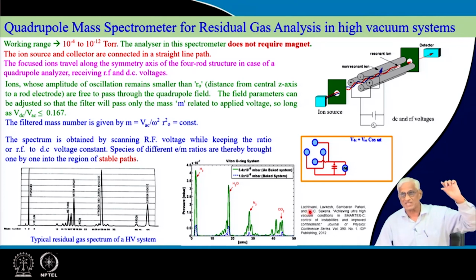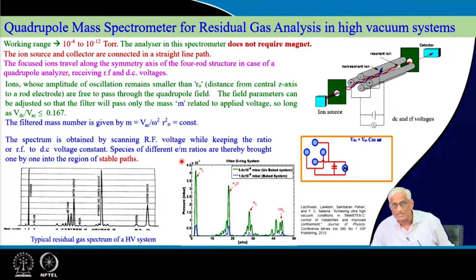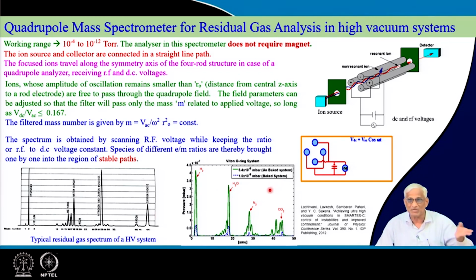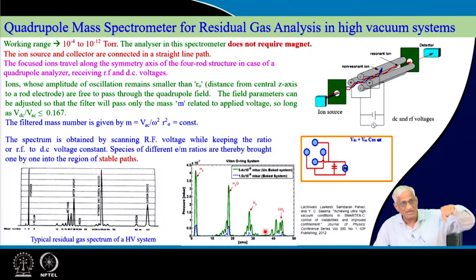If the heights are added, that will be some amount. If you take the height of each peak divided by the total of heights, that is the ratio. If you multiply that ratio with the total pressure, you get partial pressures. So it is equivalent to the quantity of various gases available in the already evacuated residual gas. That is why it is a chemical signature, the residual gas spectrum.